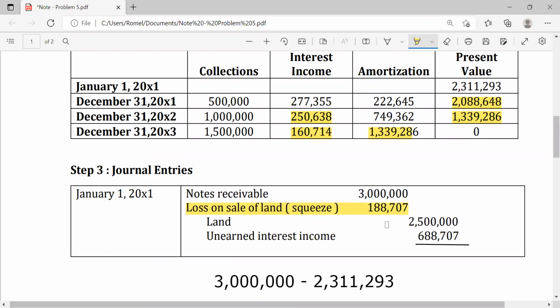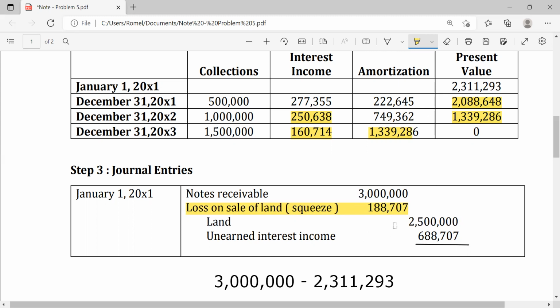And then, how much is the consideration that we received? Magkano ang consideration na natanggap natin? We received 2,311,293 pesos, which is the present value of the note. Therefore, lugi ka.